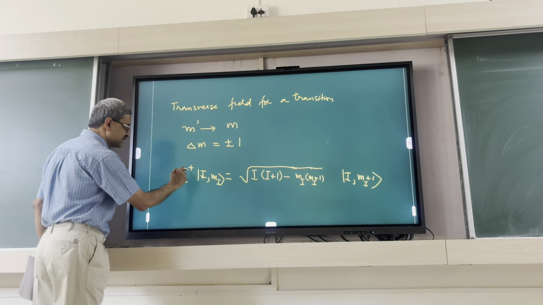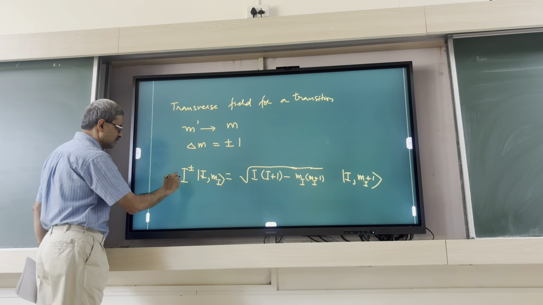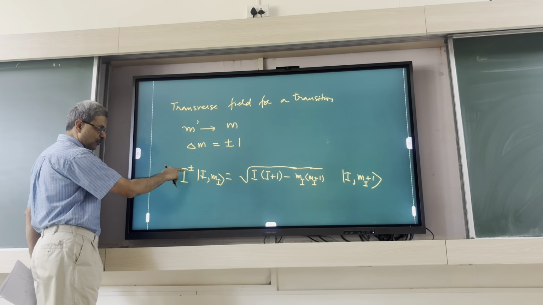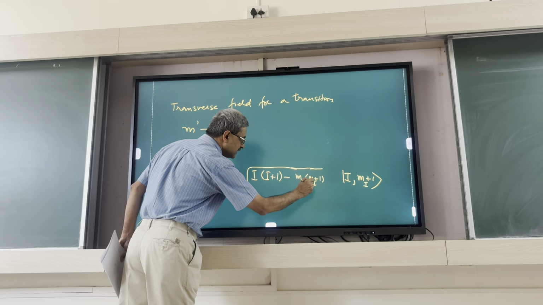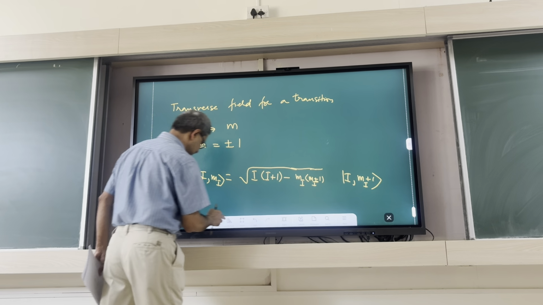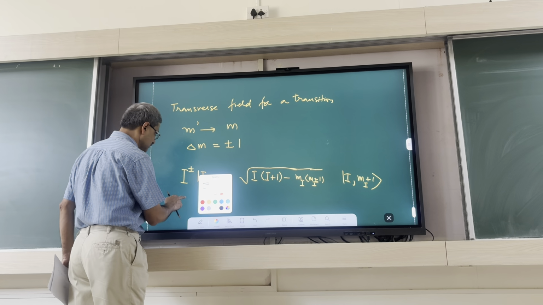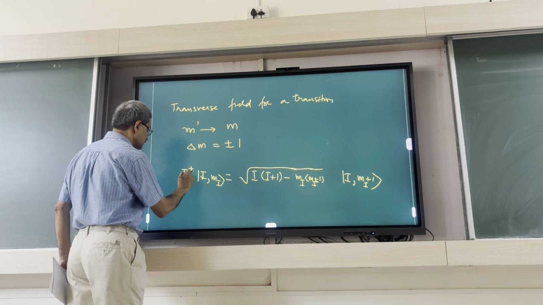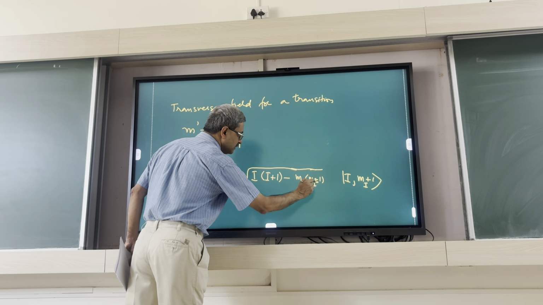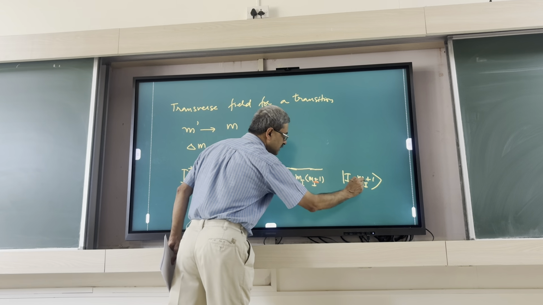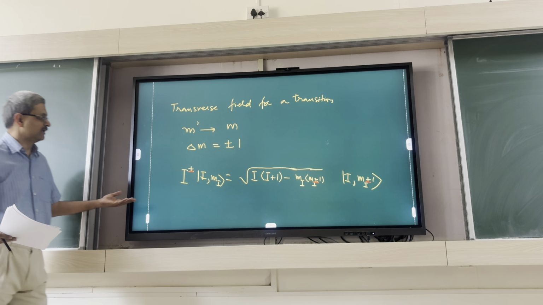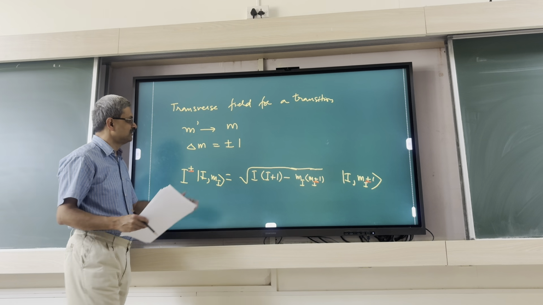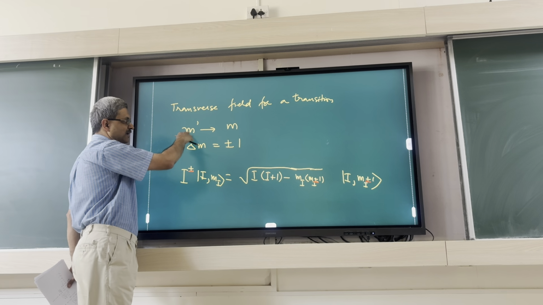Likewise, if a lowering operator acts on a state, then there is a minus sign here. So with a minus sign here, you will have a minus sign here and a minus sign here, right? Because of this, you can change the state from m prime to m.